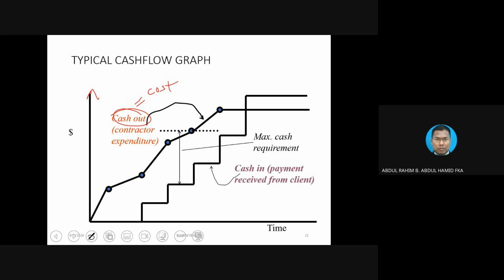When you start the project, on the first day, the contractor will have to pay here and there. And then, let's say this is the first month. You are going to have this amount at the end of the first month, and then at the end of the second month another amount. So this graph that we draw is a cumulative graph. Graph must be cumulative.